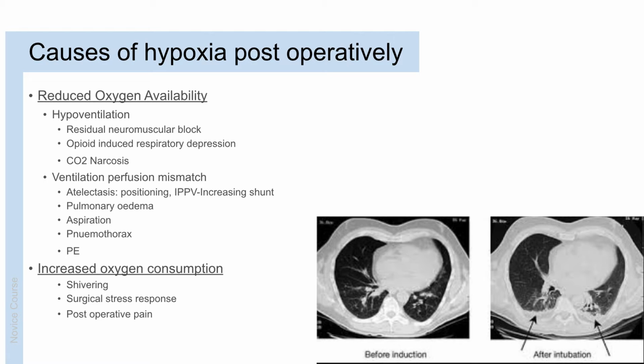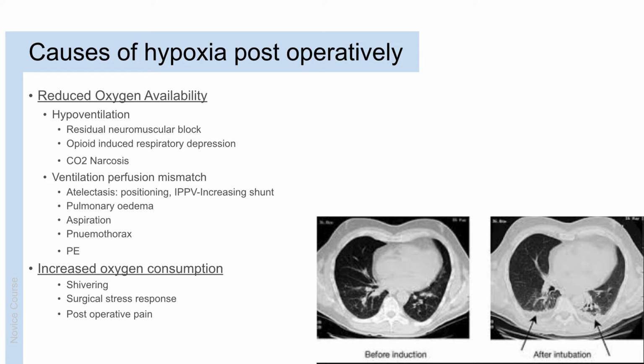Pneumothorax, which is a rare cause of hypoxia post-operatively, but can be as a result of intraoperative central line insertion or laparoscopic surgery. And again, it's essential that this is investigated and managed appropriately. And pulmonary embolism, which is of higher risk in patients who have had prolonged procedures or have active malignancy.